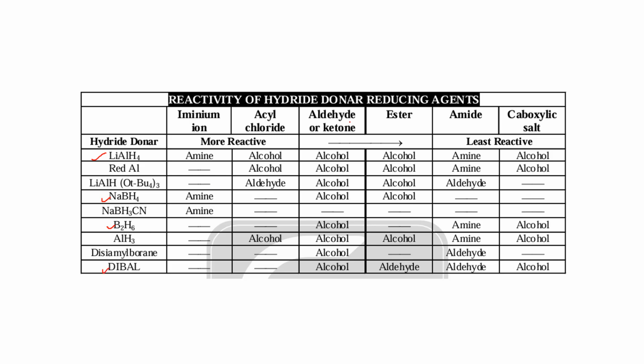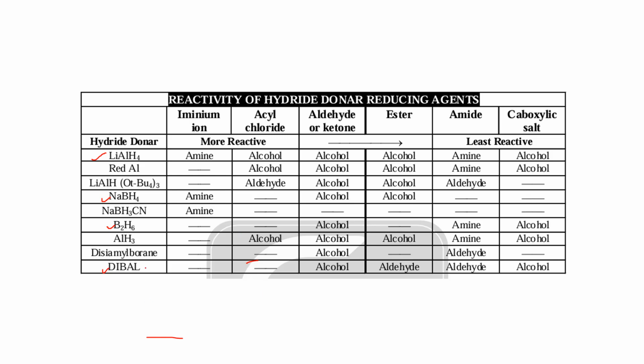If we want to draw an overview of these four reagents, I have tried to compile them in one chart. If you take an iminium ion, it will give an amine. If you take an acyl chloride with LiAlH4, you will get an alcohol. From aldehyde and ketone, you will get an alcohol. Ester, you will get an alcohol. From amide you are getting an amine, and carboxylic acid will give an alcohol.